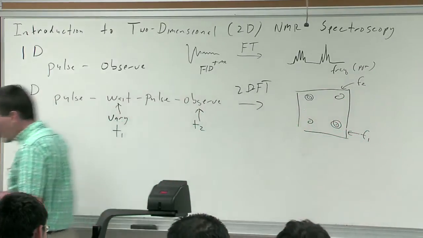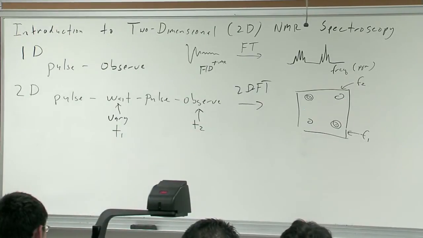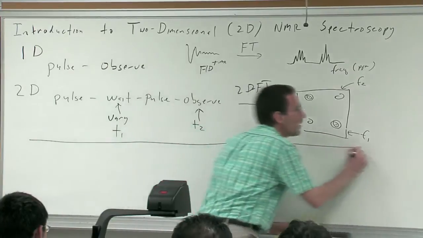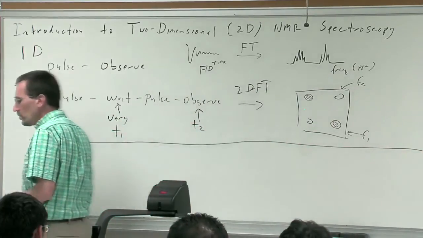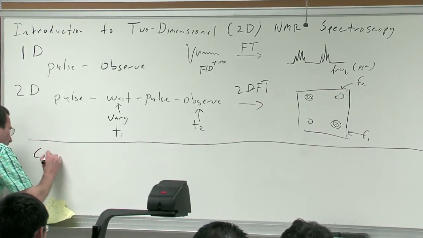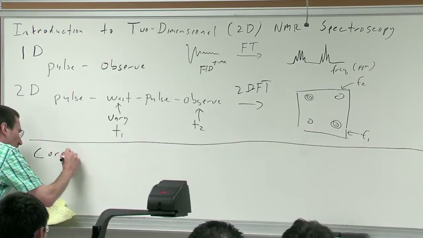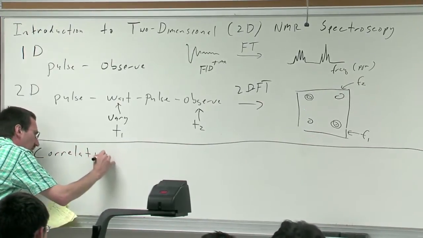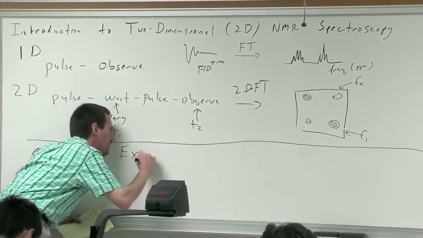All right, that's what I want to say about the basic mechanics of the experiment. There are 2 general types of 2D NMR experiments. One of these families, the one that we'll be talking about mostly, is correlation experiments.